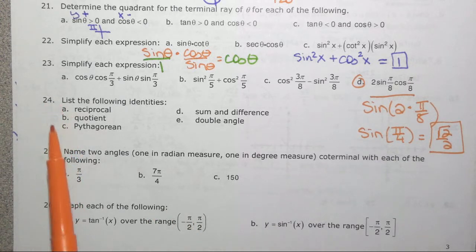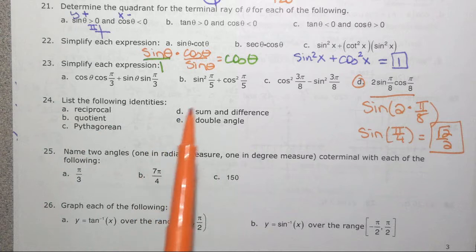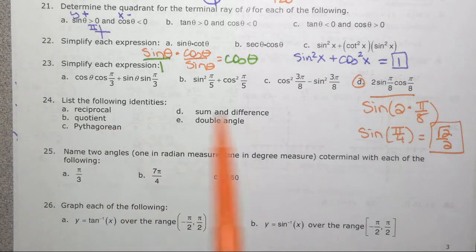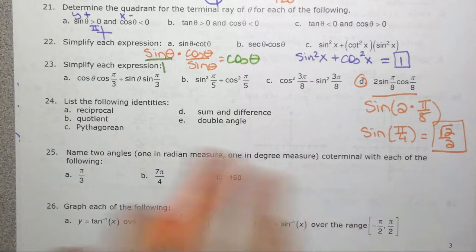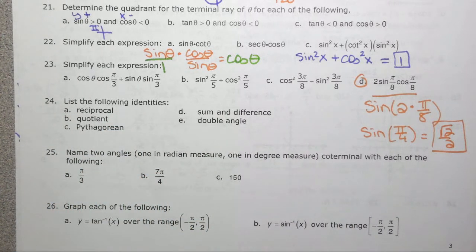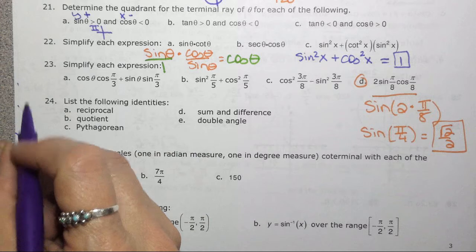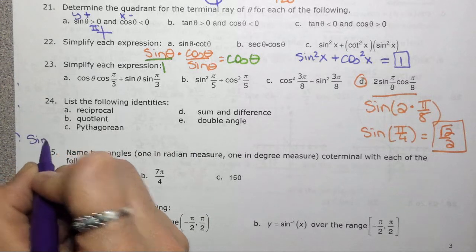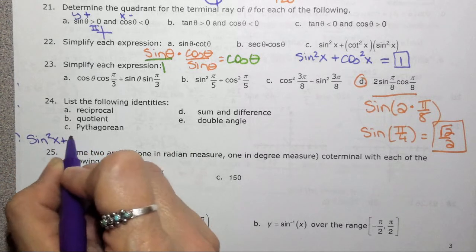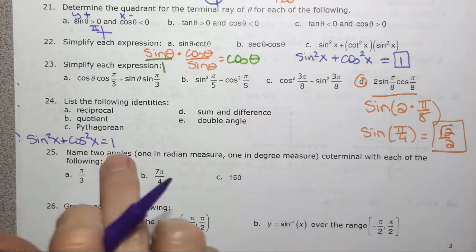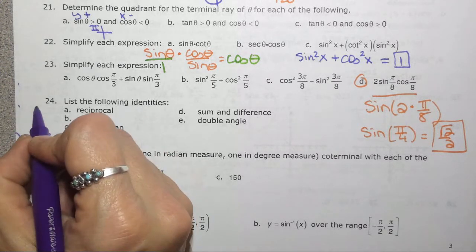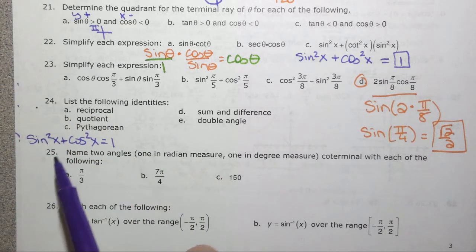Alright, on 24, they want to see if you know all of your identities, your reciprocals, your quotients, and your Pythagorean identities. I'm going to just focus on the Pythagorean with you. The first one we learned was sine squared x plus cosine squared x equals 1, and we called this our Phineas and Ferb because we thought about when we were younger and we watched Phineas and Ferb.